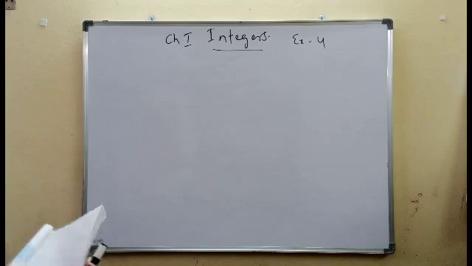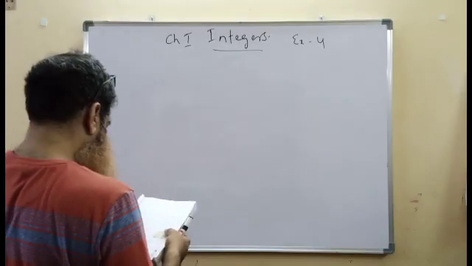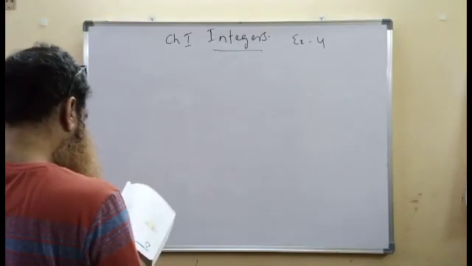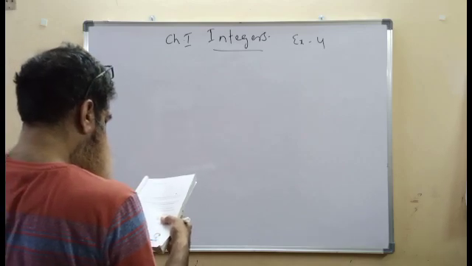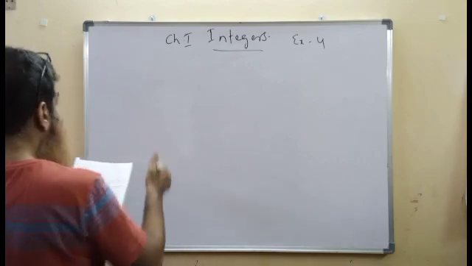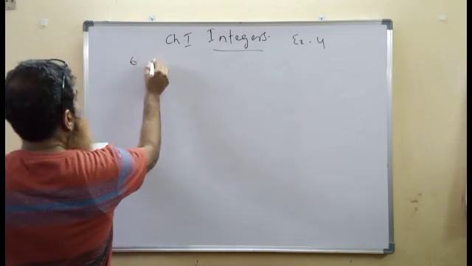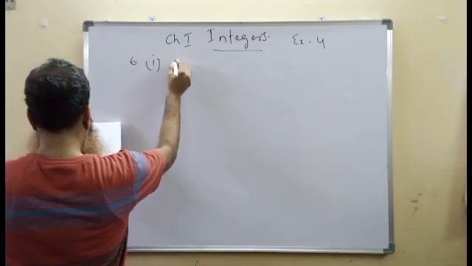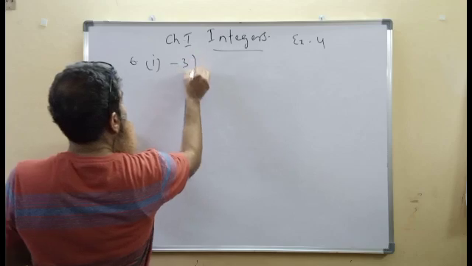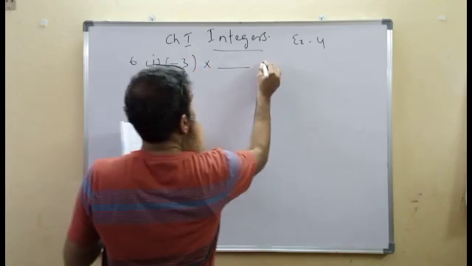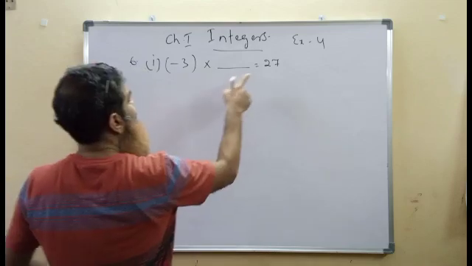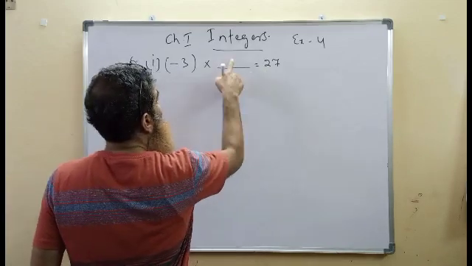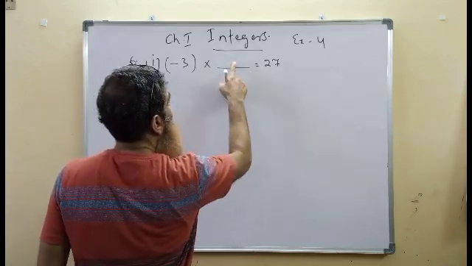The sixth question in exercise 4, the last question in exercise 4, says replace the blank with an integer to make it a true statement. Sixth question, first bit: -3 into dash is equal to 27. 3 multiplied by what is 27?